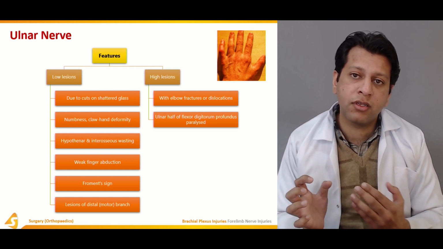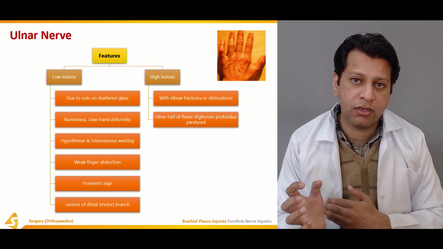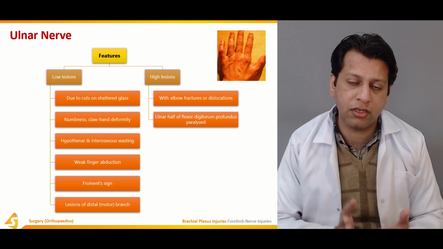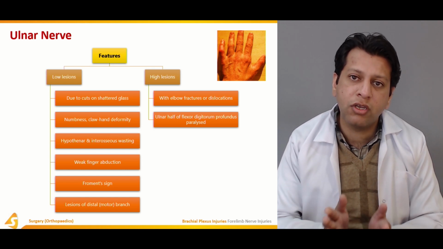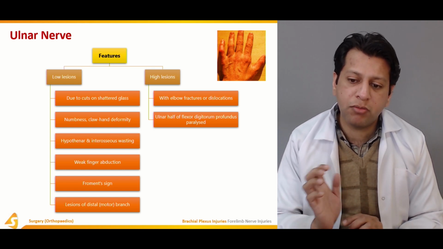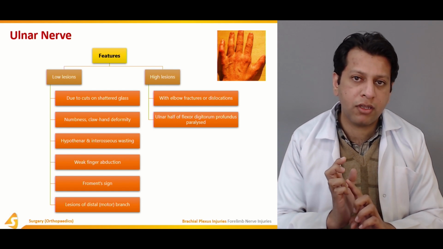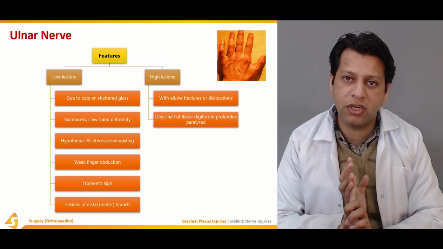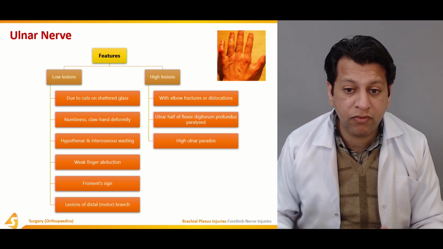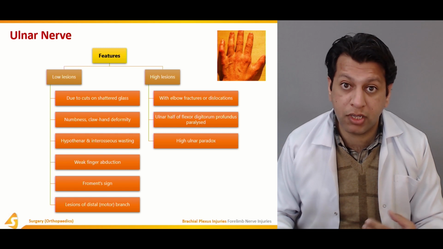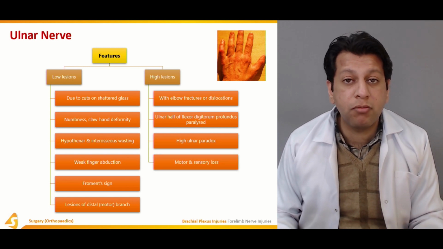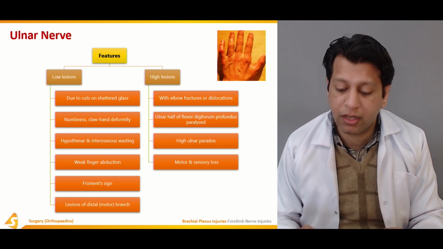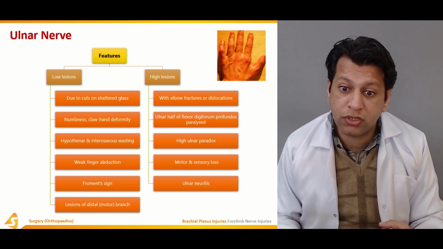But if the nerve is lacerated in the cubital tunnel, this also leads to paralysis of the FDP, so the claw hand is actually reduced. This is termed the ulnar nerve paradox or high ulnar paradox. Therefore, there will be motor and sensory loss as well, because the intrinsics and lumbricals will be paralyzed. Hypothenar wasting would still be present.